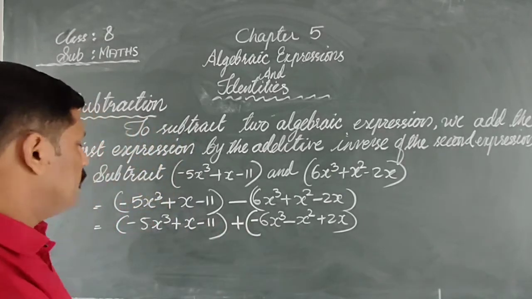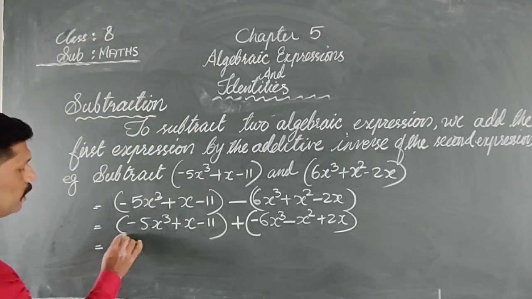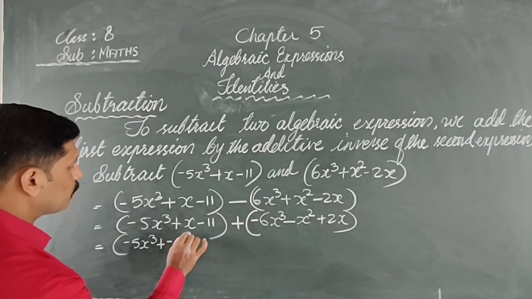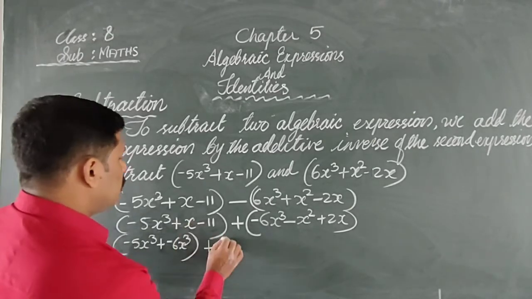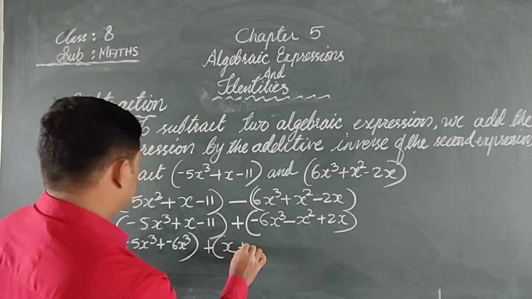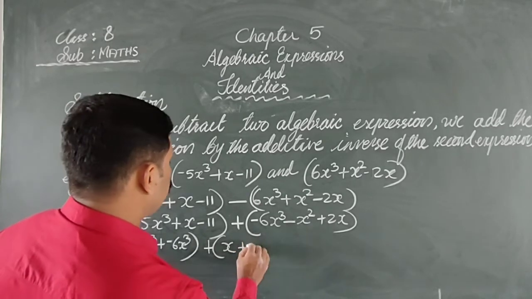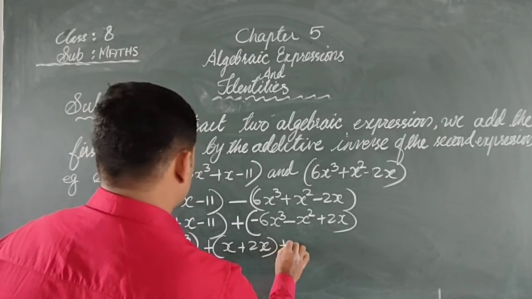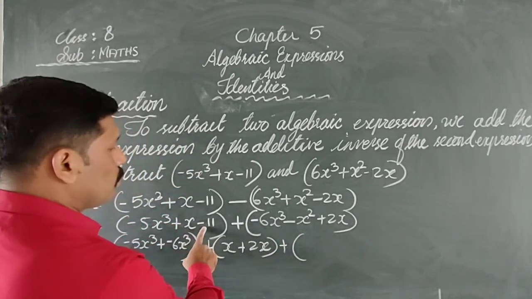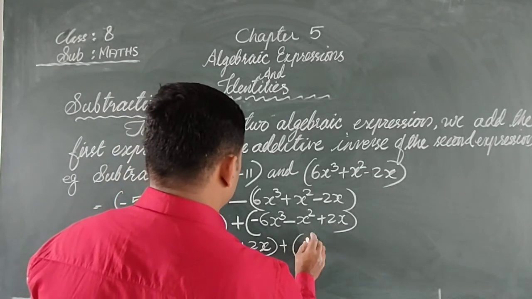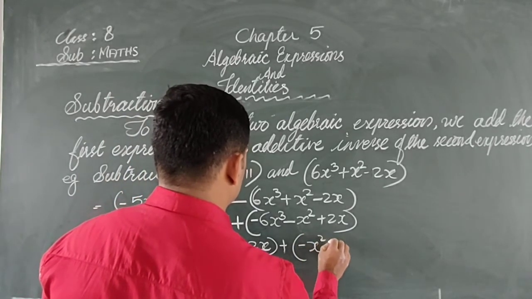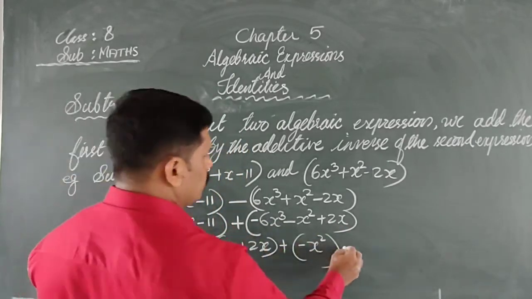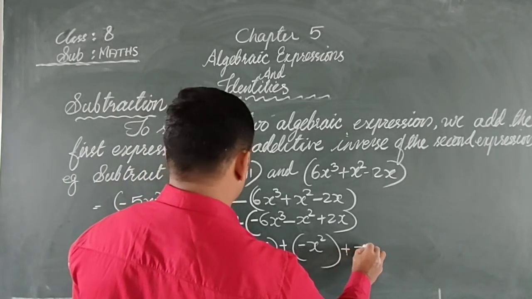Now we can add it normally. For addition, like terms we group together: negative 5x³ plus negative 6x³, that is one group, plus next x plus 2x. Then x² is not in the first expression, therefore we write negative x². Then for the constant, there is no constant in the second, but here constant is there, therefore we write plus negative 11.